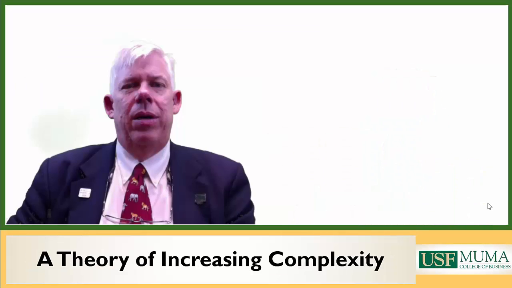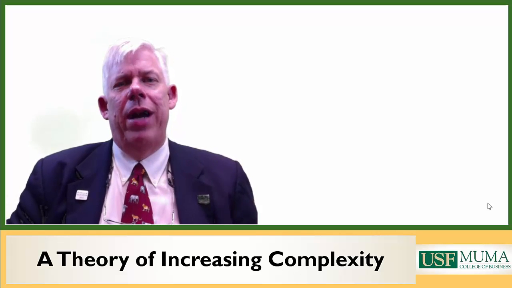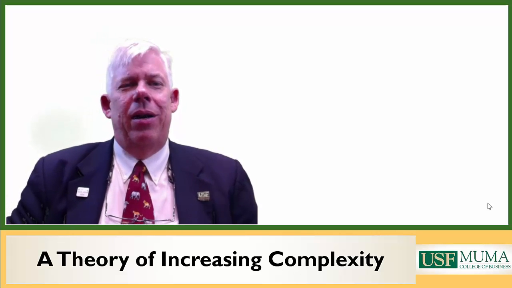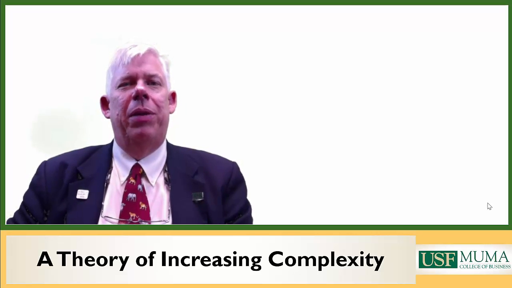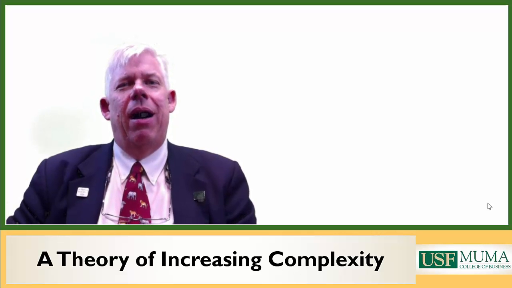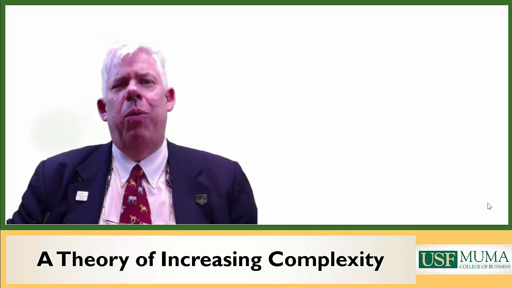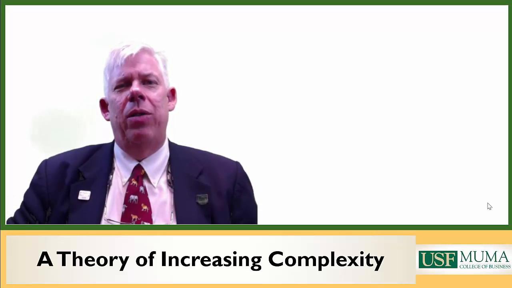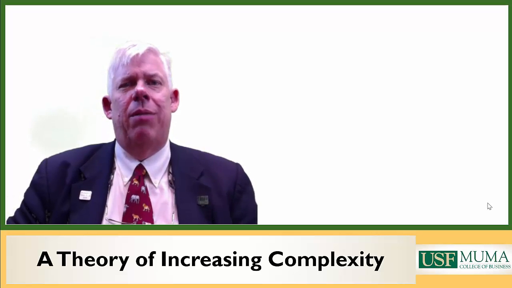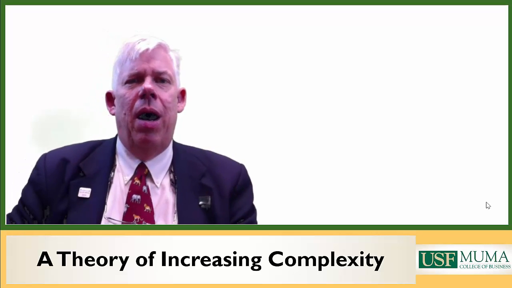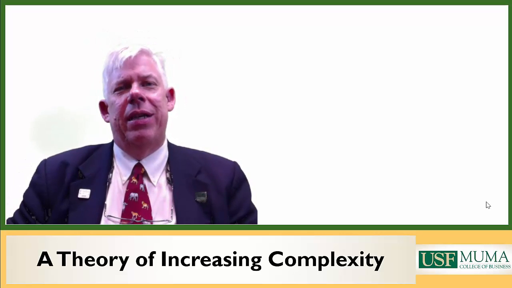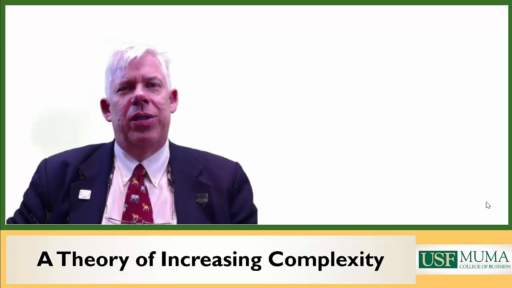So all this can sort of be framed into a theory of increasing complexity. And I refer to this as a theory, and part of the point of this chapter was to show how, using some basic assumptions, you can come up with theories of your own. But the basic idea of this theory is as follows.